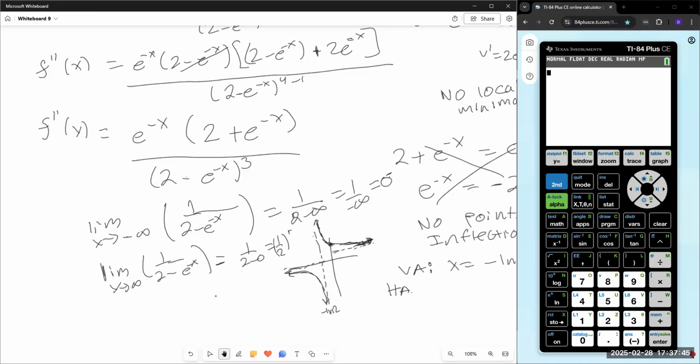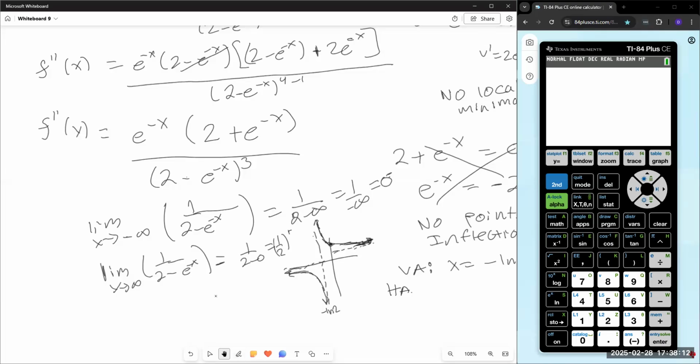There are no x-intercepts. There's that y-intercept. There's no minimum value. It's just always decreasing here. And I could use my first derivative test to prove that. There's no change in concavity other than at the vertical asymptote. This is always concave down.